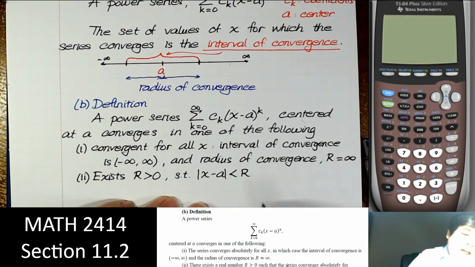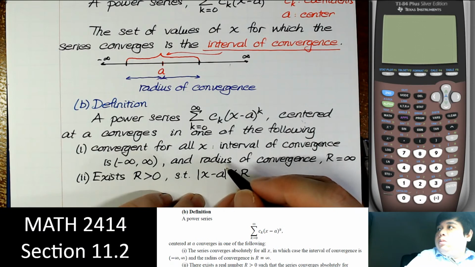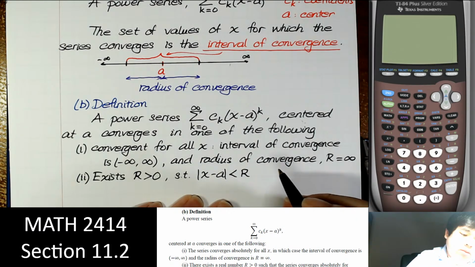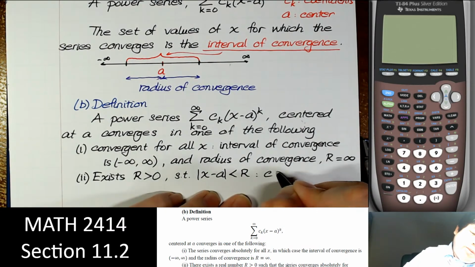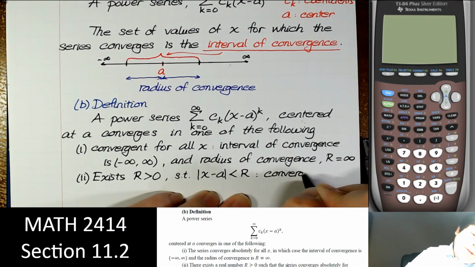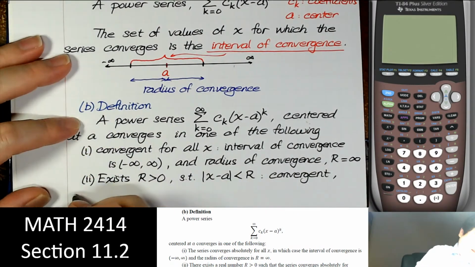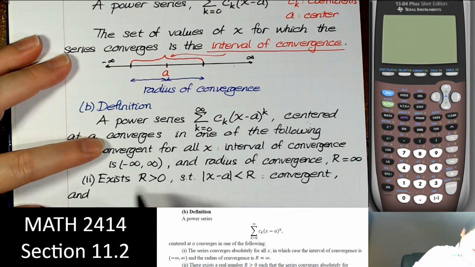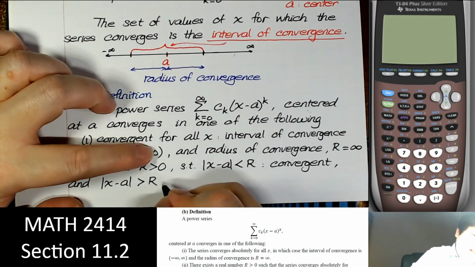So in which case the interval of convergence is, so in that case this will be convergent, and if it is more than that, it will be divergent.